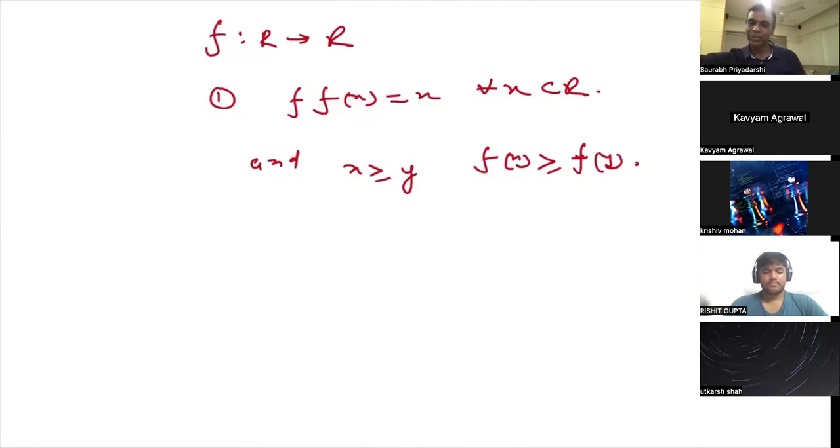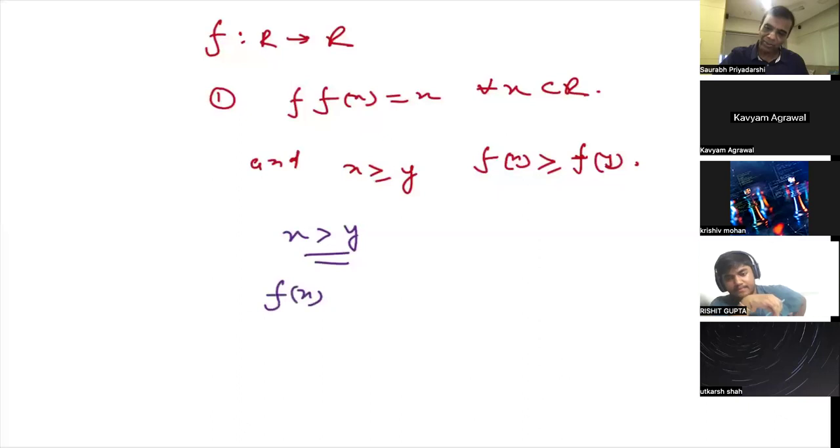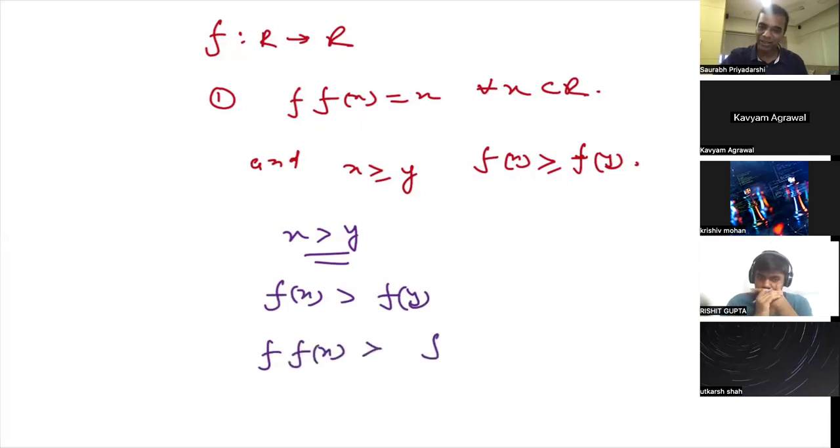So this is the simplest one. You know why? We can claim that x greater than y, right? So fx must be greater than fy. So f of x must be greater than f of y. So equality we are not getting, and this is greater than x.